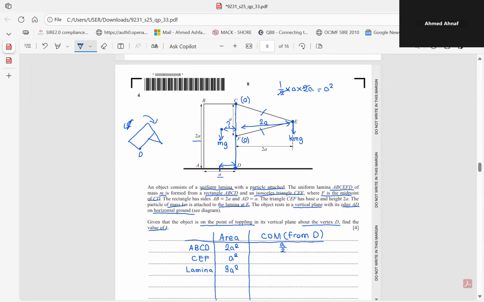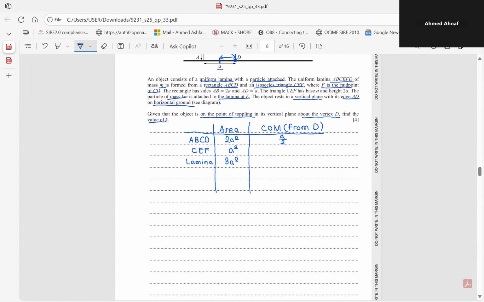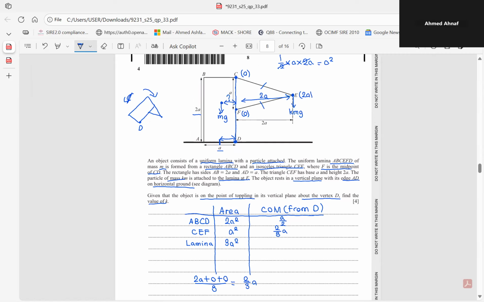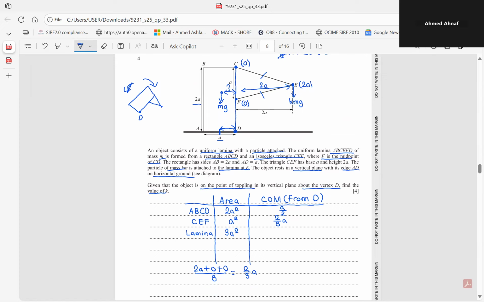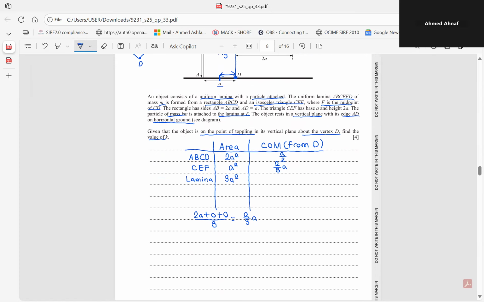For E, since it is 2a away, this is 2a. Add up the coordinates of all your vertices and divide by 3, and you'll get 2a over 3. This is the distance of the center of mass of the triangle from edge CD. For the lamina, we don't know, so we're just going to write x bar.